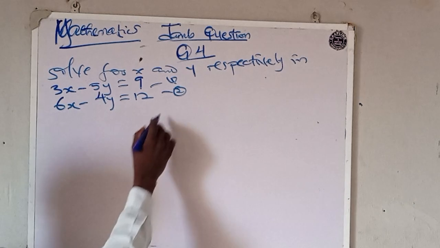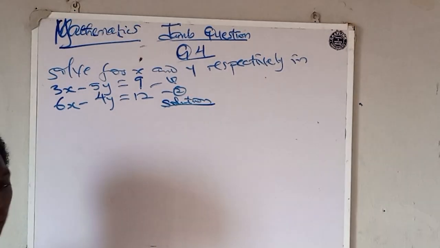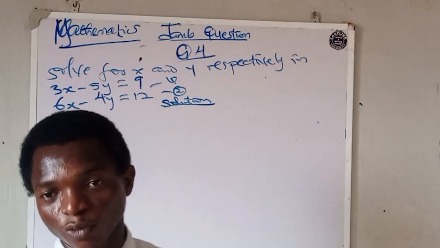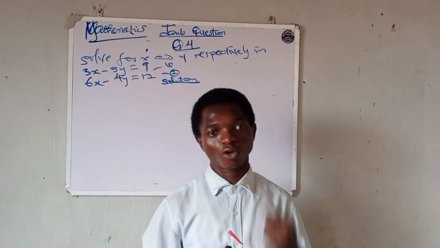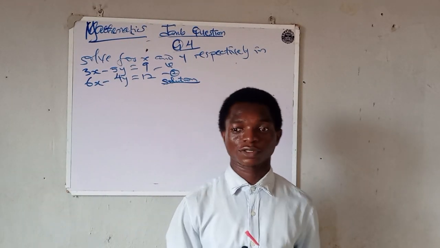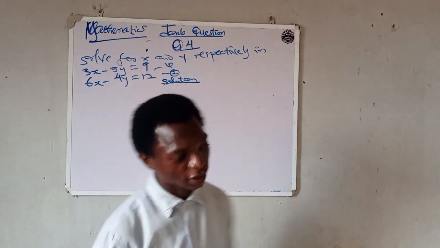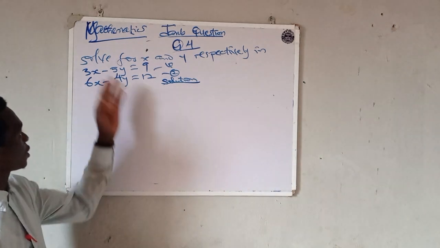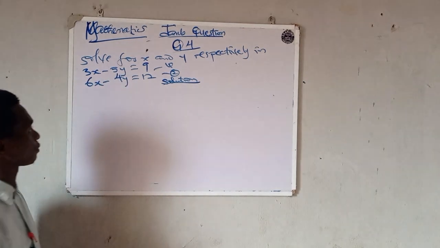Now this is another case, a simultaneous equation, where we have two unknown variables to find their values simultaneously. And the unknowns are x and y respectively.